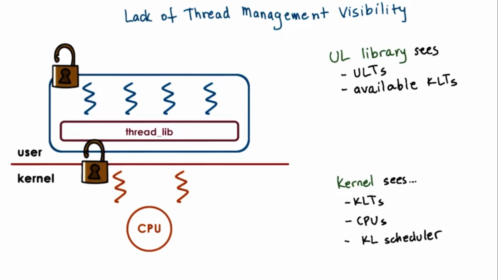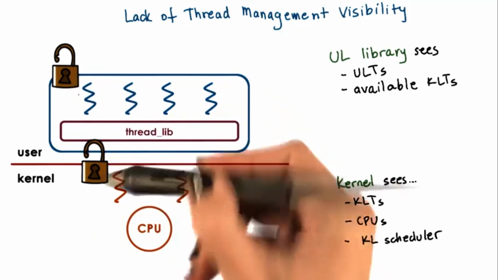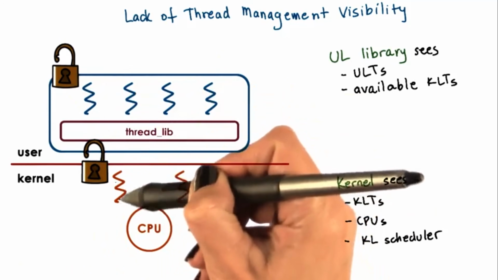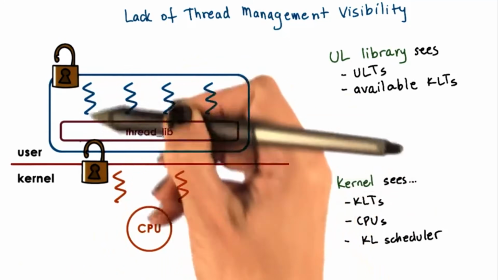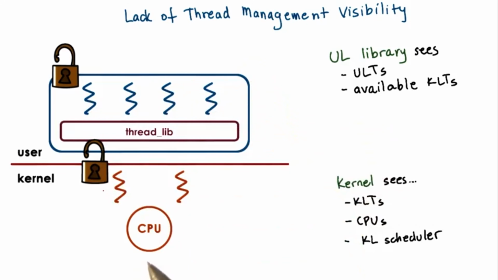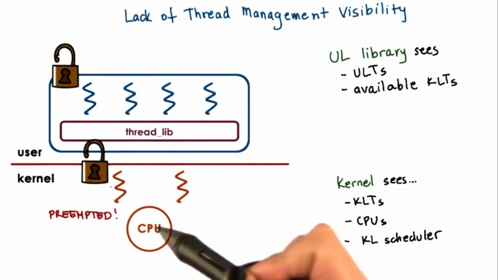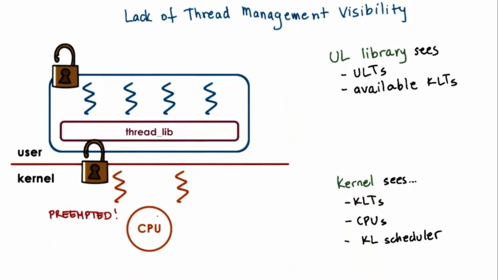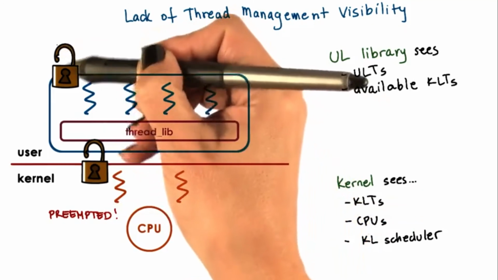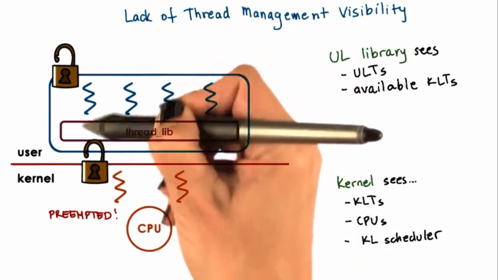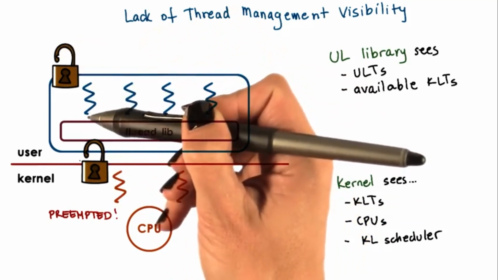Now let's have this situation in which one of the user-level threads has a lock, and so that's basically the kernel-level thread is now supporting the execution of that critical section code. Now let's say the kernel preempted this kernel-level thread from the CPU to schedule the other one. So that means that the execution of this user-level thread, the execution of this critical section cannot continue.